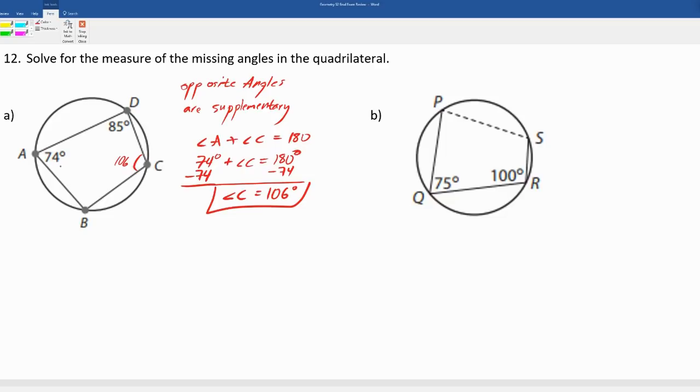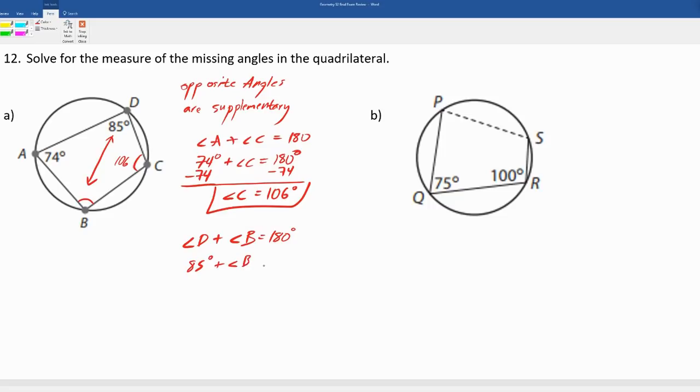Also remember that all these angles have to add up to 360. So you could take 360 and subtract the 74, the 85, and the 106. It'd still get your answer for B. But instead, I want to use the logic here that opposite angles have to be supplementary. So angle D plus angle B really have to give you 180 degrees by definition. Angle D is 85 degrees.